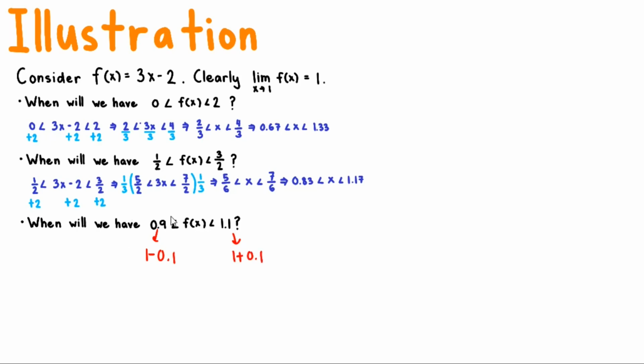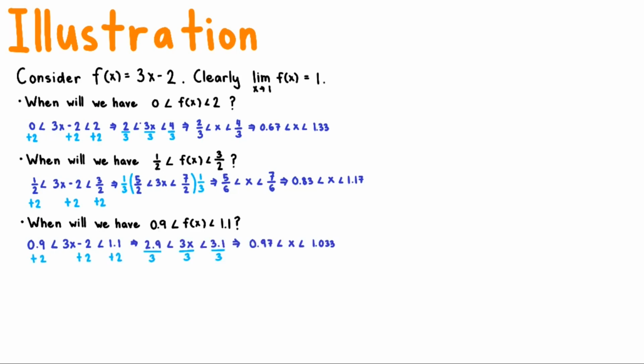So for what values of x will this inequality hold? We just plug in again 3x minus 2 for f of x. Add 2, we get this, divide by 3, and we obtain this. So we have x between 0.97 and 1.033. So clearly this interval out here is closer to 1 compared to the two.